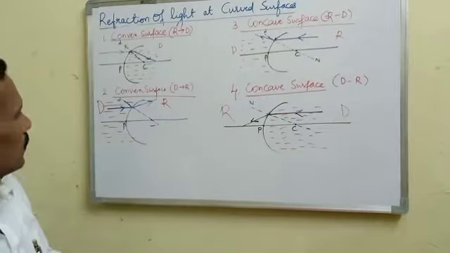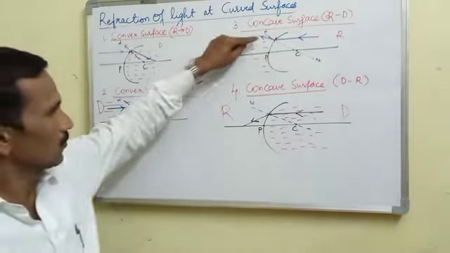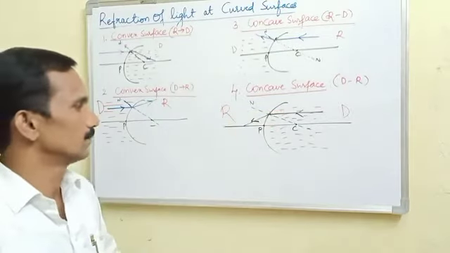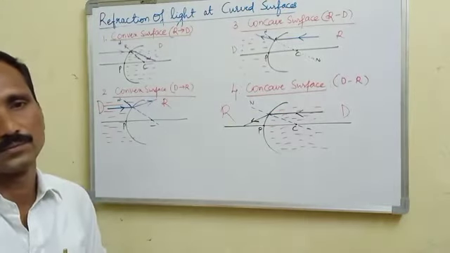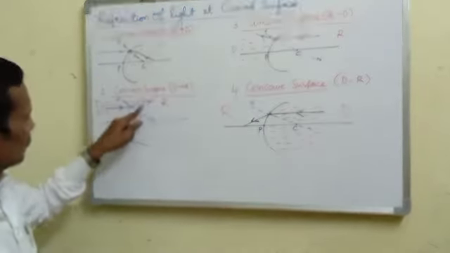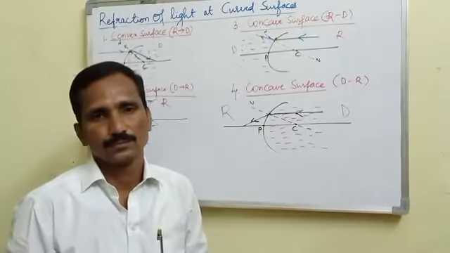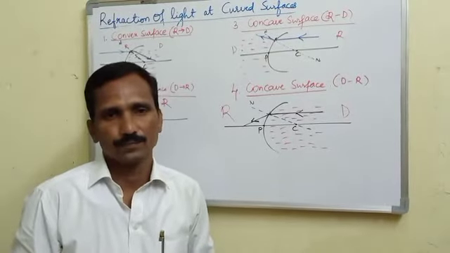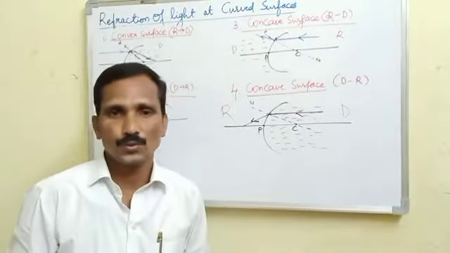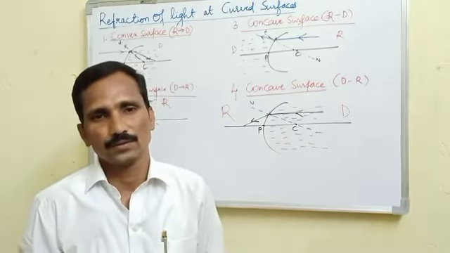After that, towards the normal, away from the normal. And then the third point is converging, diverging. This should be identified. These help us to draw the ray diagram in our previous activity.